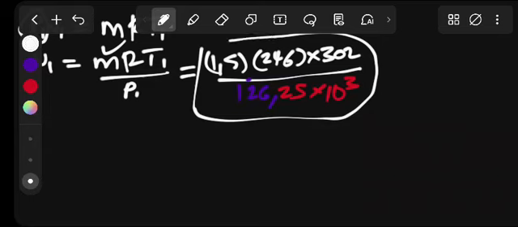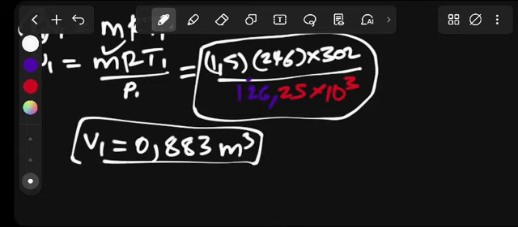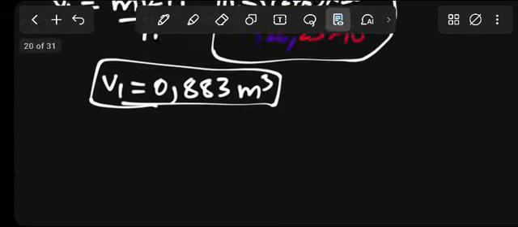We punch this on our calculator: 1.5 multiplied by 246 multiplied by 302 divided by 126.25 times 10 to the power of 3. This will simply equal V1 of 0.883 cubic meters. Obviously, volume is measured in cubic meters.